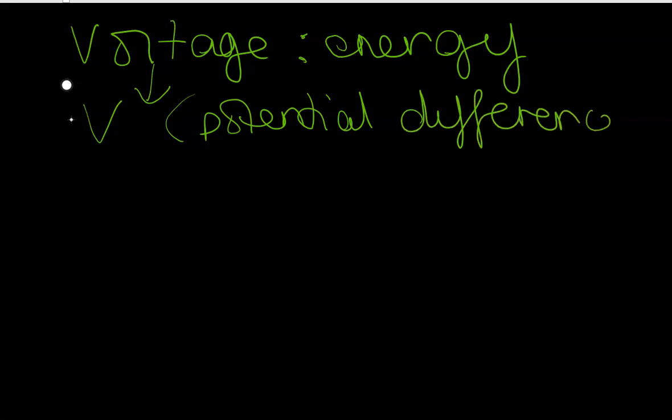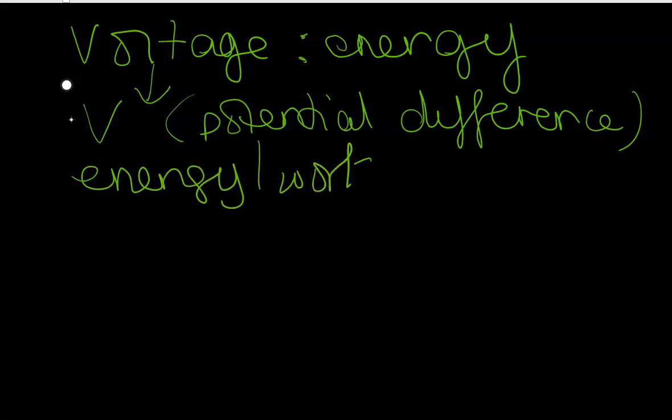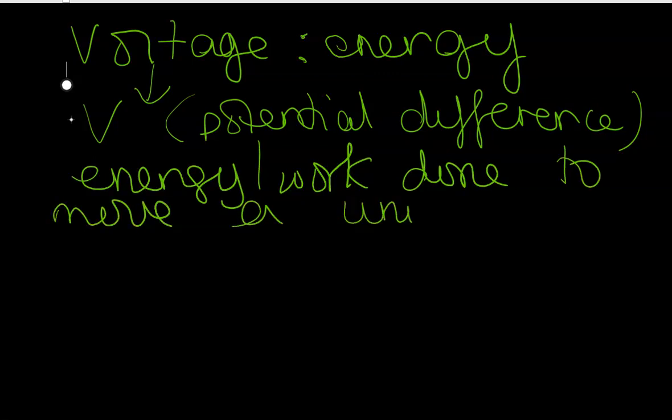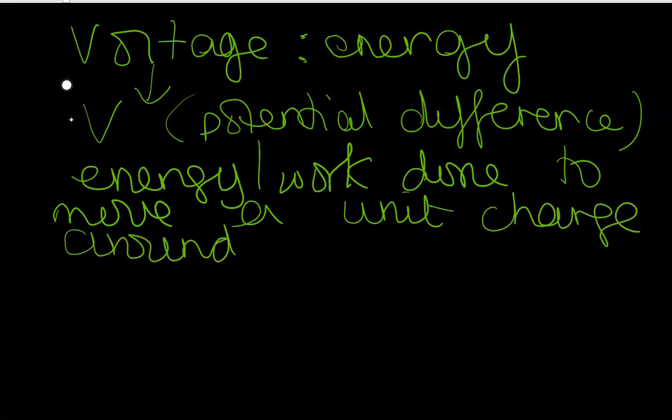And voltage is defined as the energy or the work done to move a unit charge around a circuit. So what you will find is that V is equal to the work done to move a unit charge.